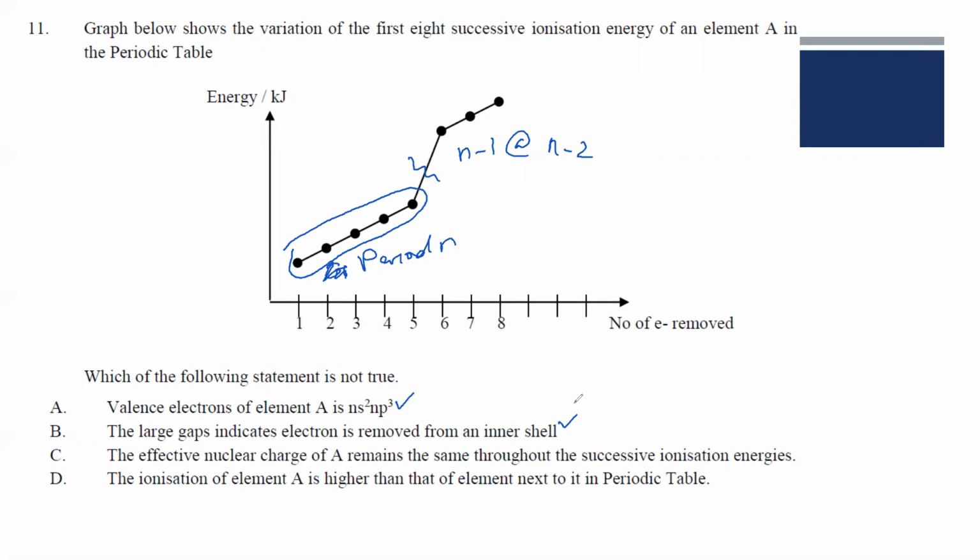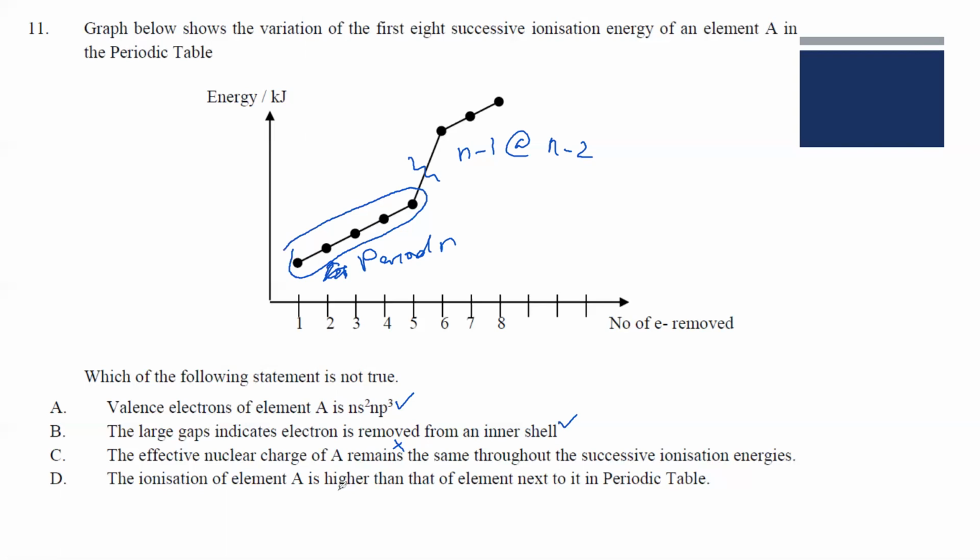The effective nuclear charge of A remains the same throughout the successive ionization energies, which is wrong. You remove first all the outermost electrons, only then you can remove from the inner. Okay, so B is correct.